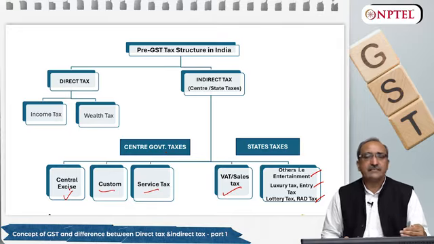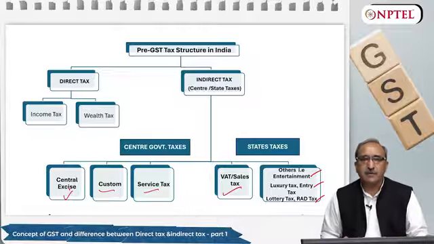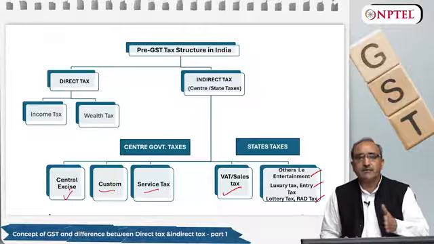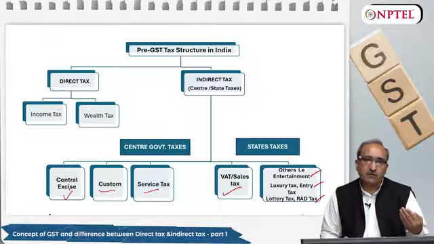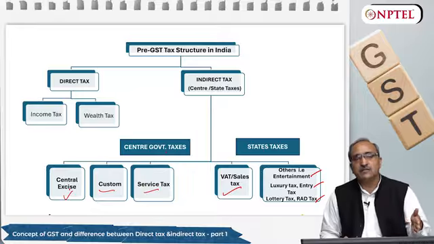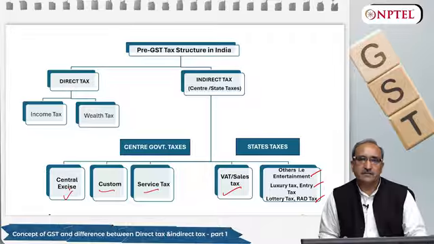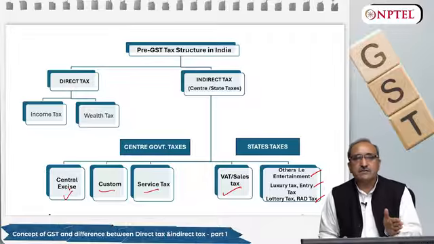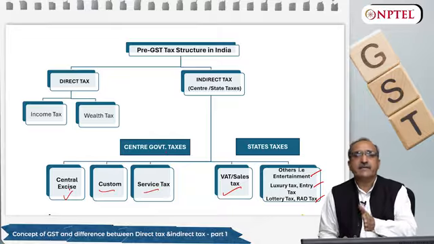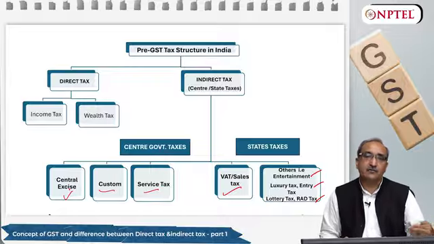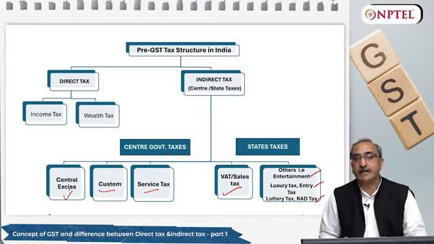Let's take the example of sales tax, which was the tax before GST. Sales tax was paid by the customer to the supplier, and the supplier further paid it to the government. So this tax was not paid directly by the consumer to the government, unlike income tax, where the assessee or individual pays directly to the government.